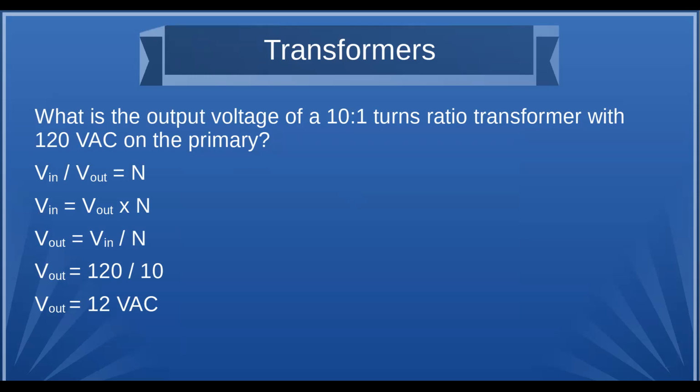So if I've got 10 turns on the primary for every turn on the secondary, it's going to be 1/10 of the primary, or 12 volts, which would be a fairly typical 12-volt transformer that's used for lots of things. In some cases, it could be center tapped, where you get 6 volts out to drive filaments of tubes, which we'll talk about in a little bit.